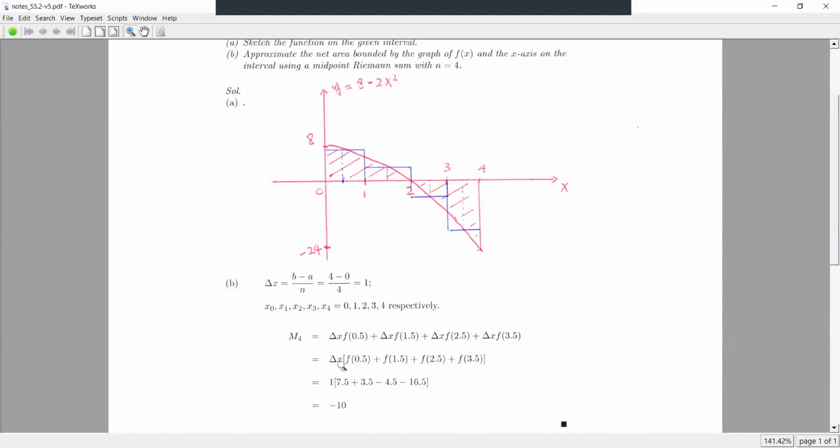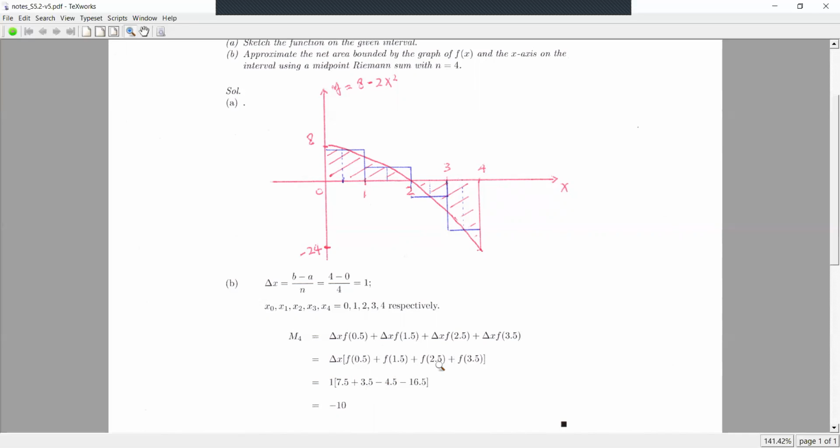Factor delta x out. Then we get this equation. Now plug in the values for delta x and into these function values. Delta x is 1. Function value at 0.5: this is the function. Plug in 0.5 for x, then we get the function value 7.5. Also, the function value at 1.5 is 3.5.